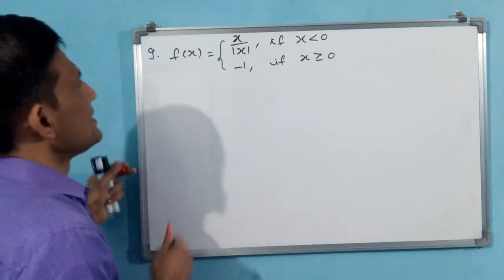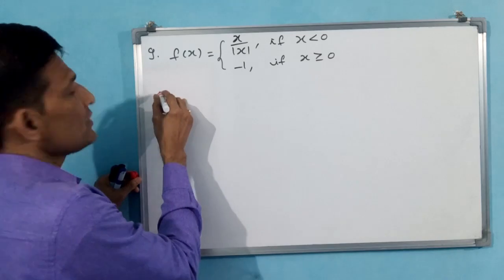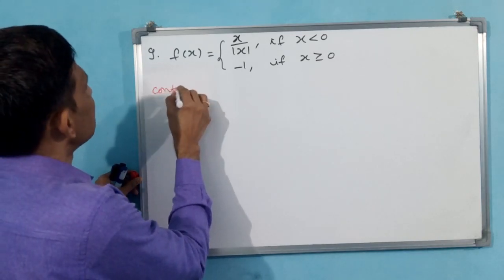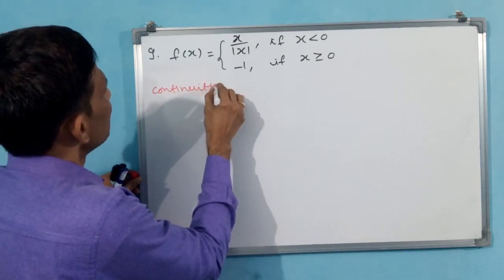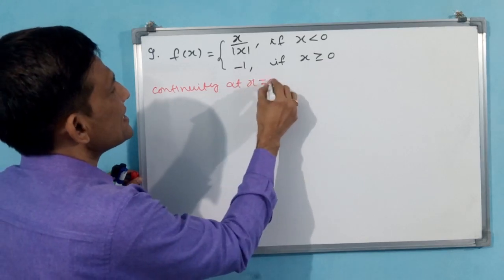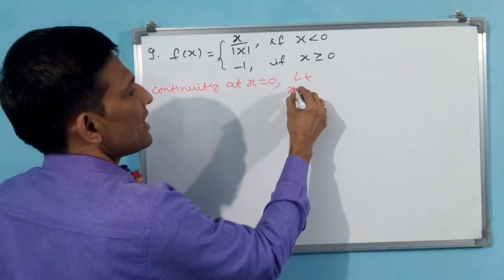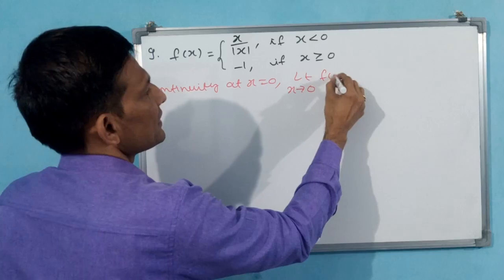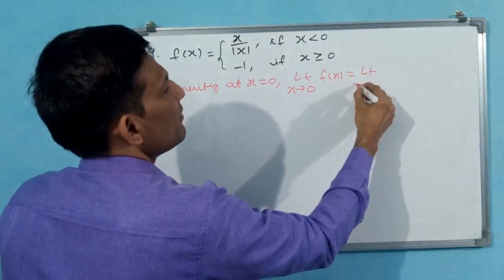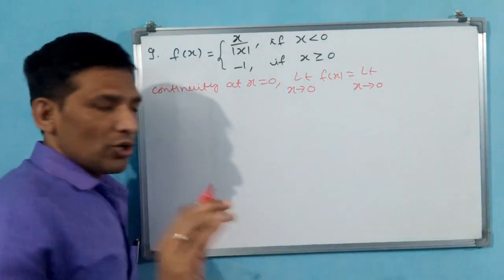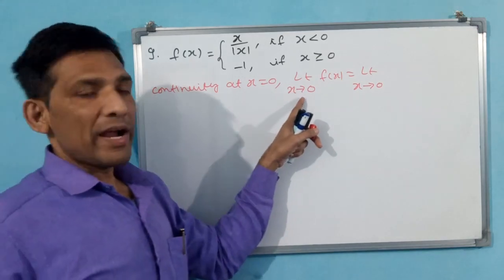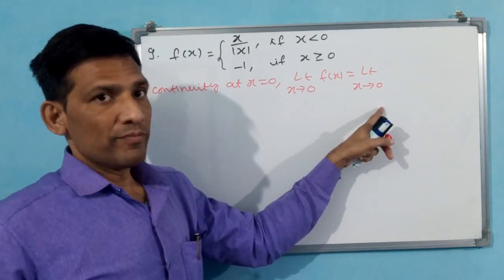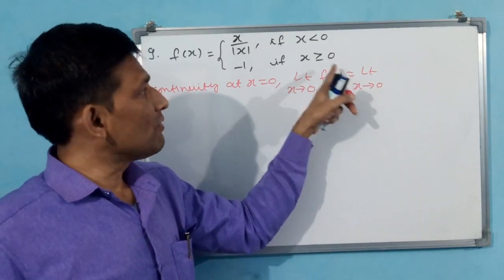Let us proceed. Continuity at x is equal to 0. Limit x tends to 0, f of x is equal to limit x tends to 0. You see now, when you are finding limit at x tends to 0, then you have to see equal to 0.